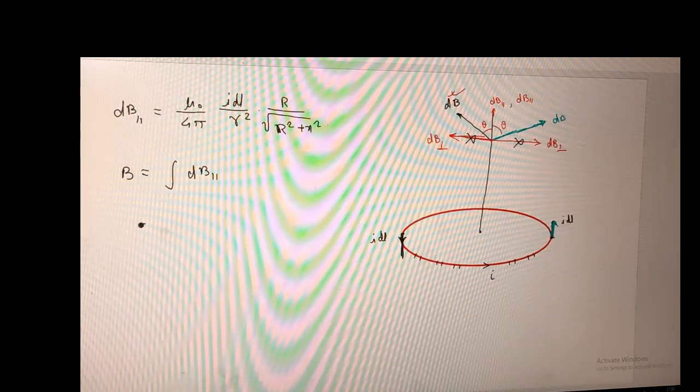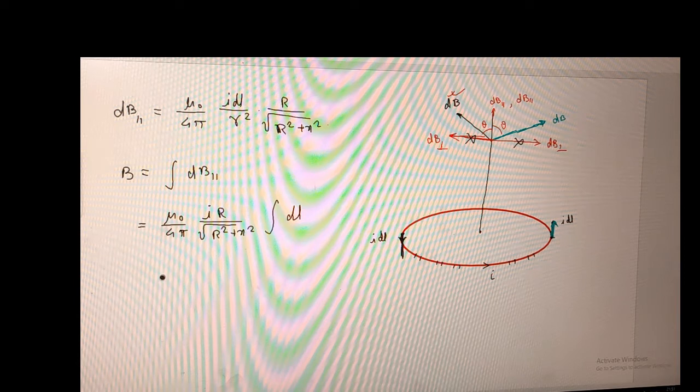So due to symmetry, this gets cancelled out. Okay, fine. So dB parallel. Take out all the constant terms: mu 0 by 4 pi, I is also constant, R is also constant, root over R square plus X square. So the only variable is dl. If we integrate this dl, what will we be getting?